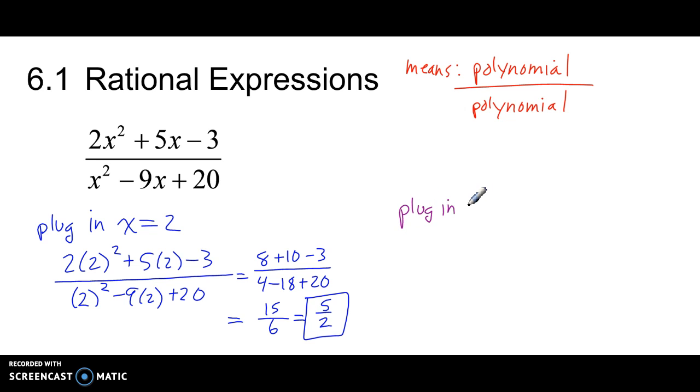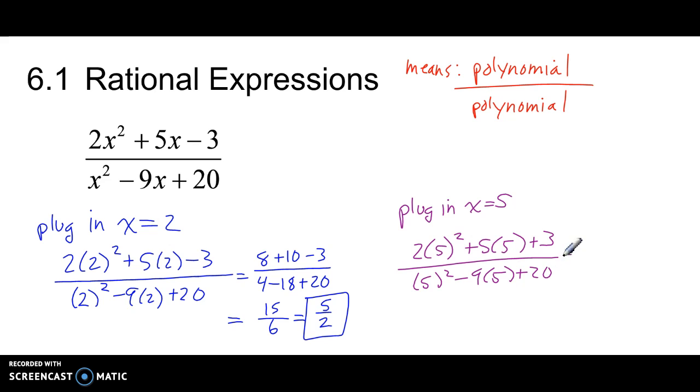Let's practice again. Let's try plugging in 5. So we get 2 times 5 squared plus 5 times 5 plus 3 over 5 squared minus 9 times 5 plus 20. So 25 times 2 is 50 plus 25 plus 3 over 25 minus 45 plus 20.